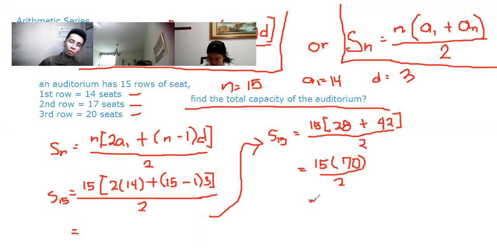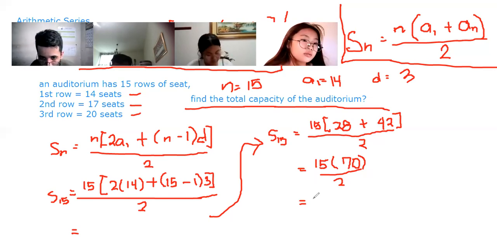Okay. So, 15 times 70 over 2. 1,050. Then, 1,050 over 2. 525.